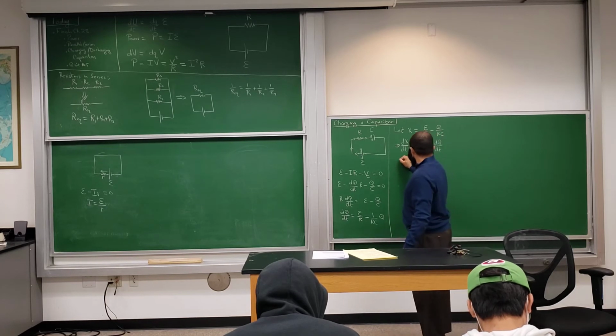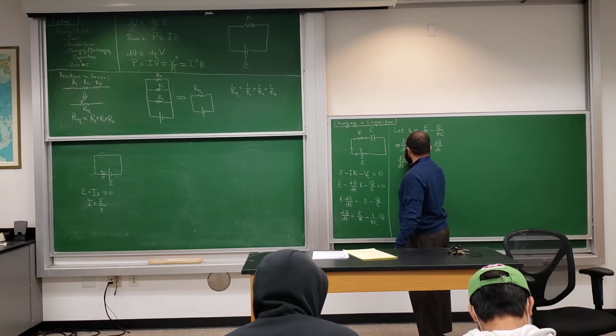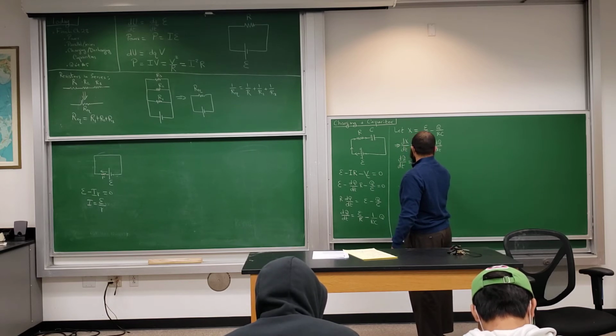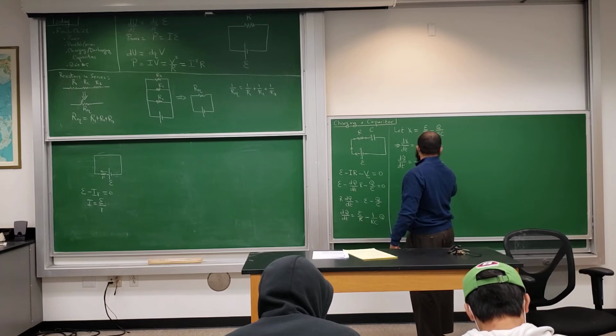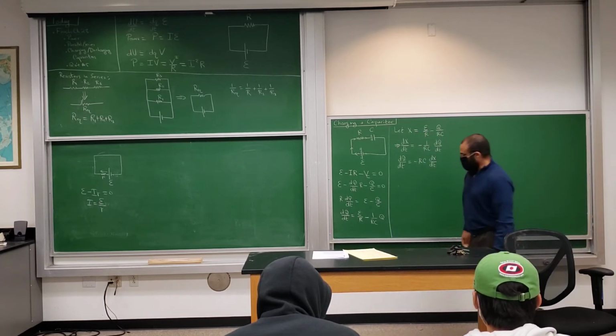So solve for dq dt in terms of this x. dq dt will equal minus RC times dx dt, isn't it? Alright, so now we're ready.